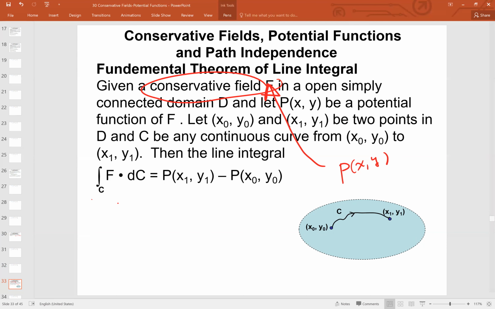Then to figure out what the total work is, all I have to do is plug the end points of the path into the function and subtract. So it's kind of like evaluating a definite integral. You plug in one point, subtract, plug in the other point. So this is why we call this the fundamental theorem of line integral.